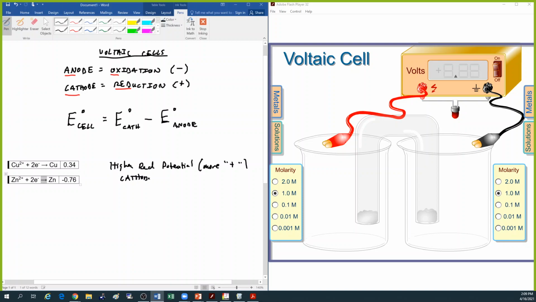That's going to be, in that case, the one that's reduced. And so that's how we know. So when I'm looking at these two, 0.34 is bigger than negative 0.76. So this is going to be my cathode reaction, meaning this is going to be where the reduction happens. And this is going to be the anode where the oxidation happens.